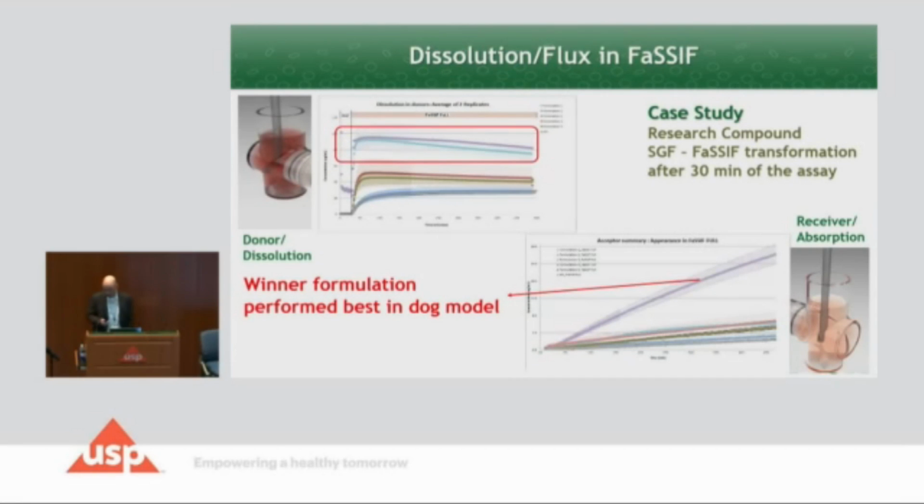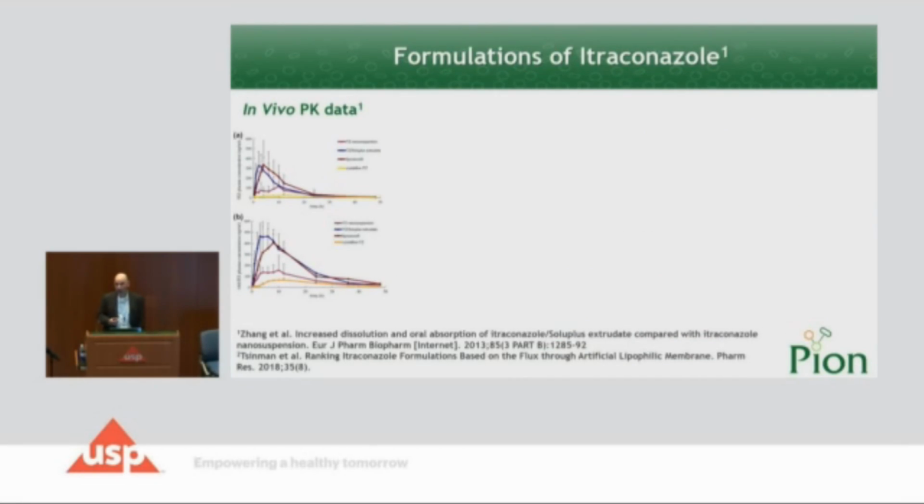So another study I'd like to present was in collaboration with our colleagues from Novartis in Basel, Switzerland. And we started with available in vivo data with rat studies where several formulations of itraconazole were compared together.